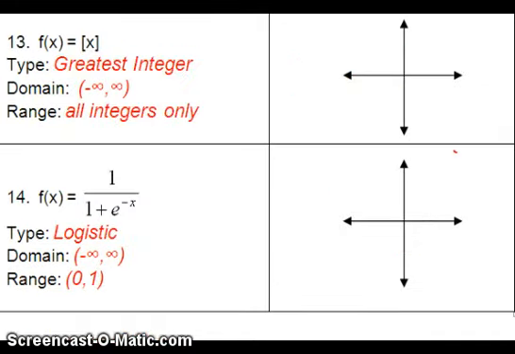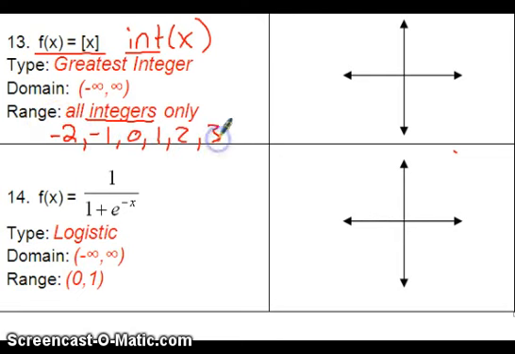Our next two functions are... we're going to start with the integer function. Now the domain of the integer function is all real numbers. However, you might notice that our range is only integers, just like the function looks like. Now integers are the basic counting numbers. We've got -2, -1, 0, 1, 2, 3, so on and so forth in both directions.